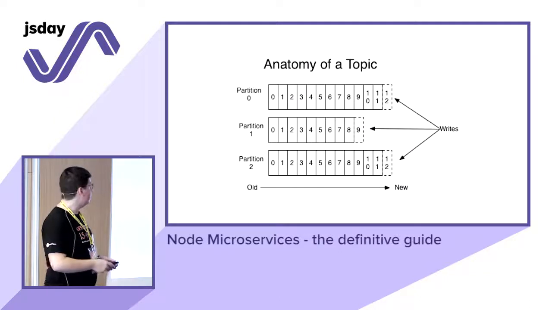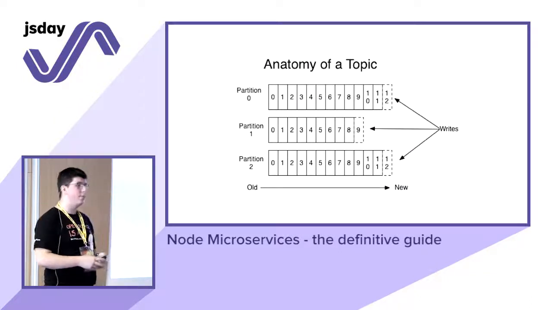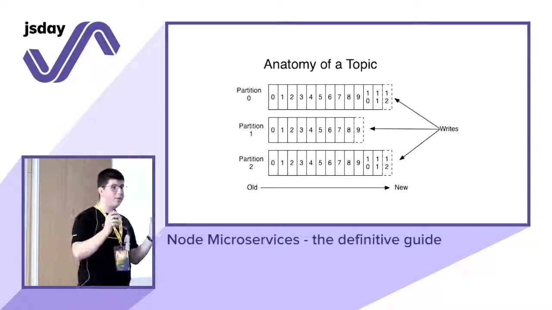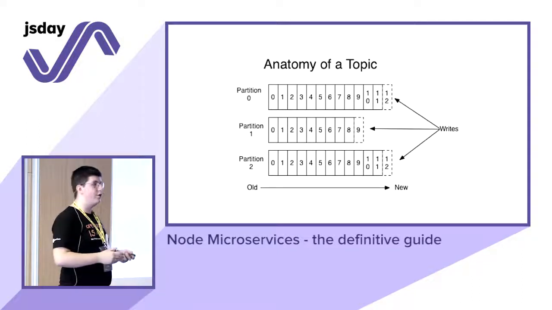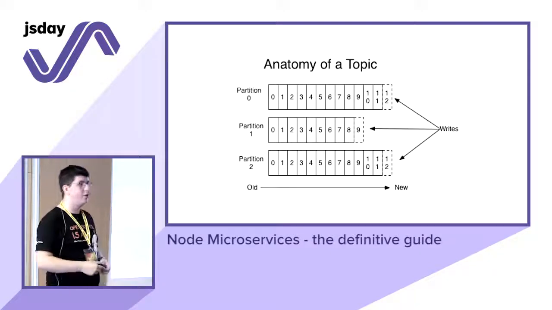All messages that are coming and living on Kafka are split in topics. The topic is some kind of namespace where you put your messages, and the topics are split by partitions, and those partitions can be hosted on different servers too.